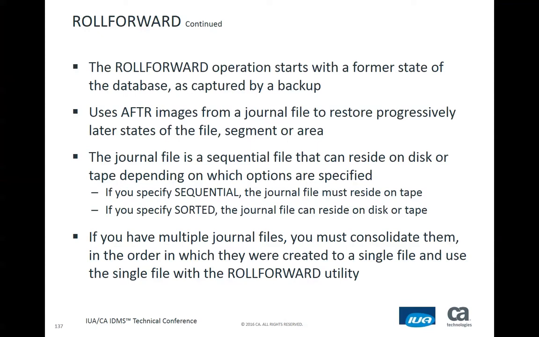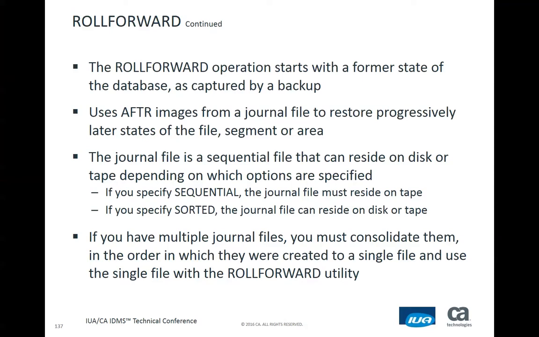Anytime it finds an aborted run unit, it gets rid of those aborted records through the sorting process, and then only applies the last after image for the particular record. So if that record, as the example I used, had been updated 10 times through the course of the recovery period, the only after image that we're going to apply is the last after image.